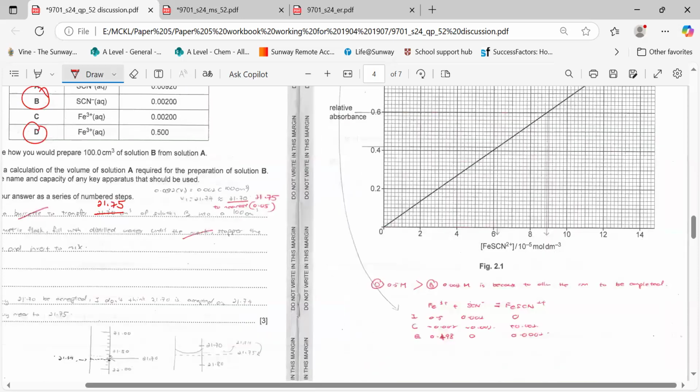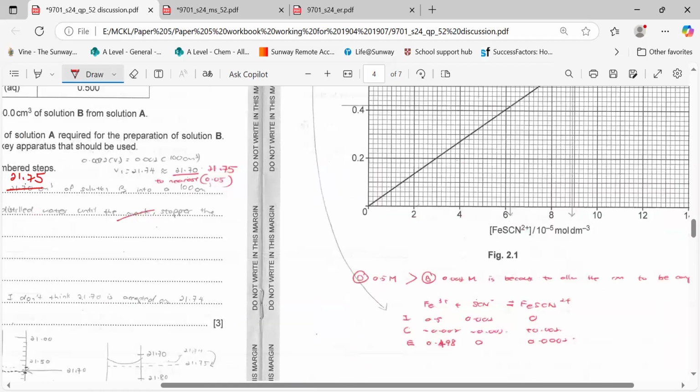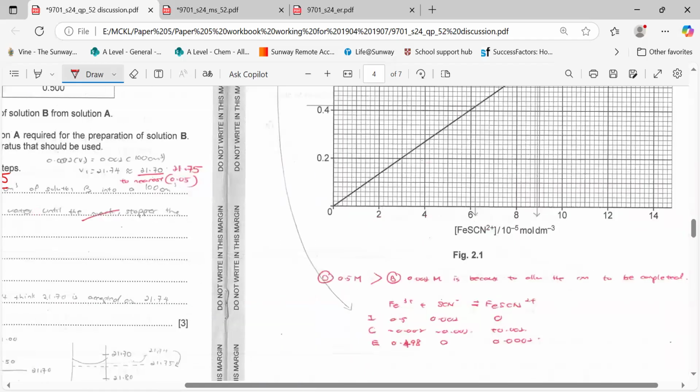According to the equation, currently your Fe3+ is in excess and your thiocyanate is 0.002. We want to ensure our thiocyanate, the so-called limiting factor, will be all utilized. So if this is 0.002, then the concentration of the iron thiocyanate product will also be 0.002.